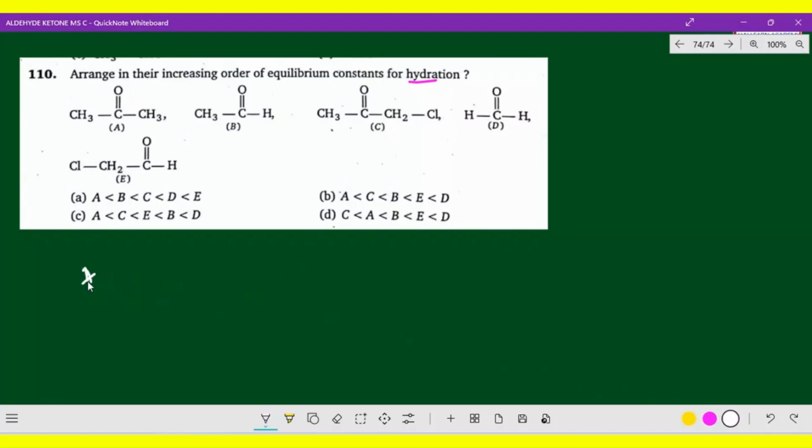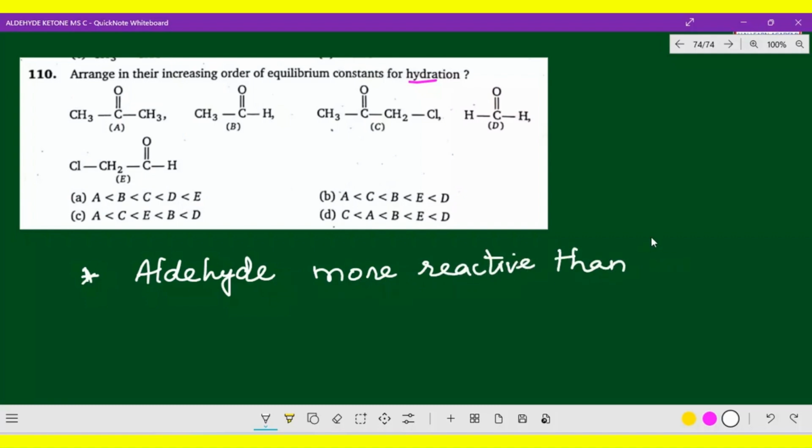The first point: when we compare aldehyde and ketone, aldehyde is more reactive than ketone, the keto group, right? Now the second point: the chloro group is also available, no? Chlorine is a component here, and here also chloro. For this, we bring in the minus I effect.